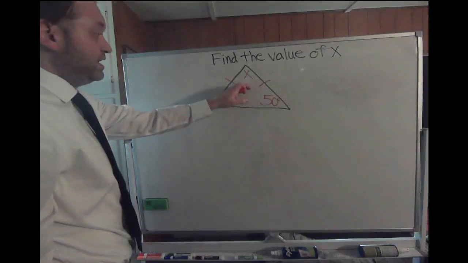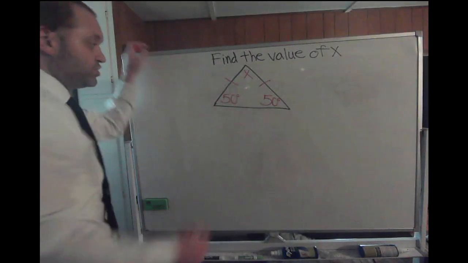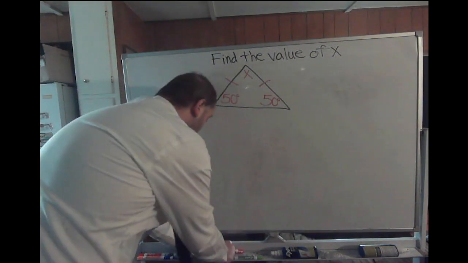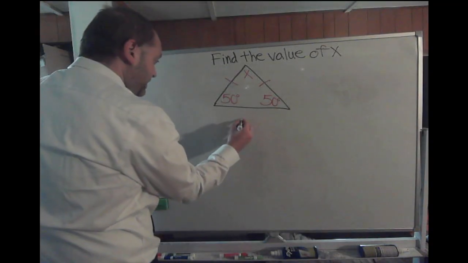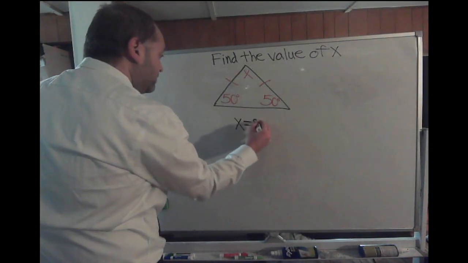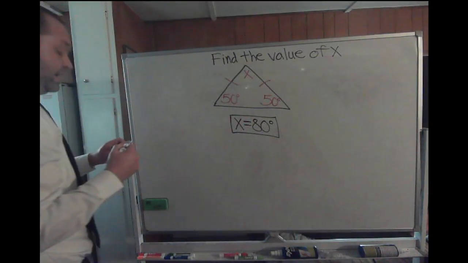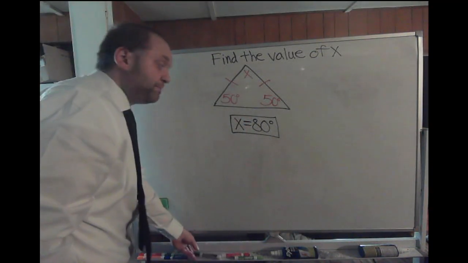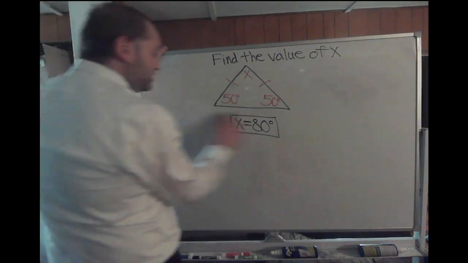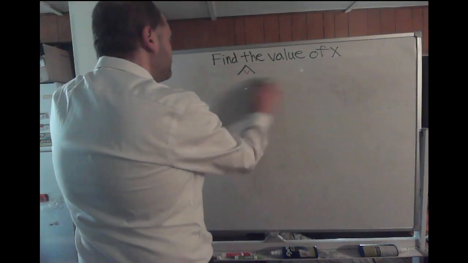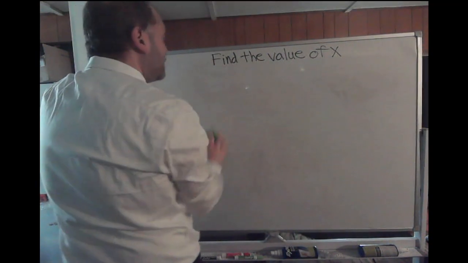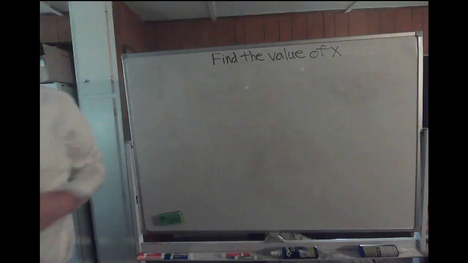All that's left then, because you can only go up to 180 in a triangle, is that x is equal to 80 degrees. That would be the missing angle measurement. So x therefore is equal to 80. So that one wasn't too terrible. Alright, what about the next one?